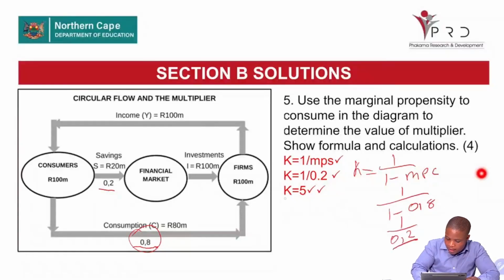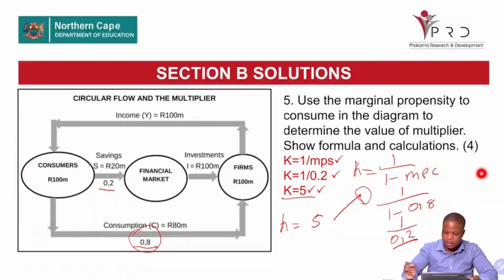Then our answer is K equals 5. Even if we use 1 over 1 minus MPC, because they say we must use the MPC, not the MPS, K equals 1 over 1 minus MPC, and your multiplier will be 5.